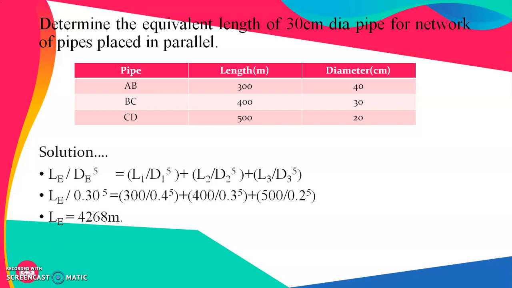Or in other words, we can replace this series of pipes from a whole large network by substituting it with a pipe of length 4268 meters with an equivalent diameter of 30 centimeters.